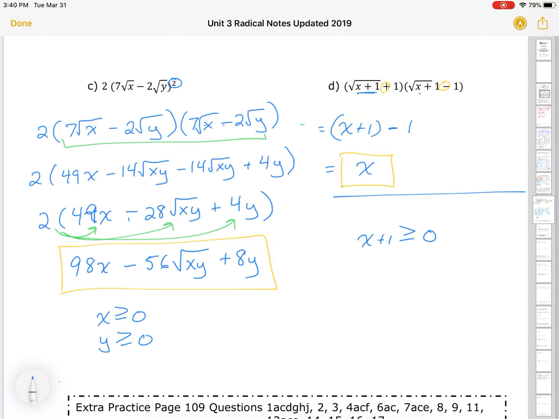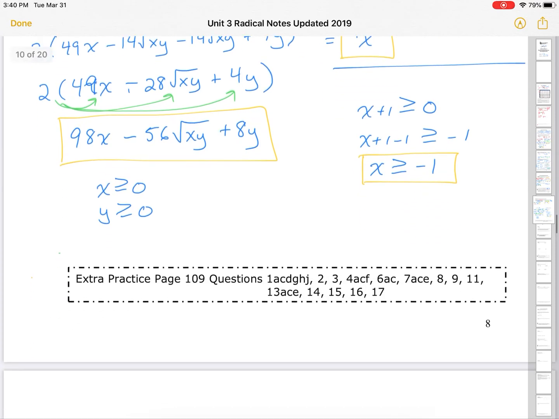So once I get this, then I can rearrange. It's just like solving an equation, except that instead of an equal sign, I have an inequality. So I want to get x by itself, so I'm going to move the 1 to the other side. So x would be greater than or equal to -1. So a little bit different there in terms of my value for my variable.